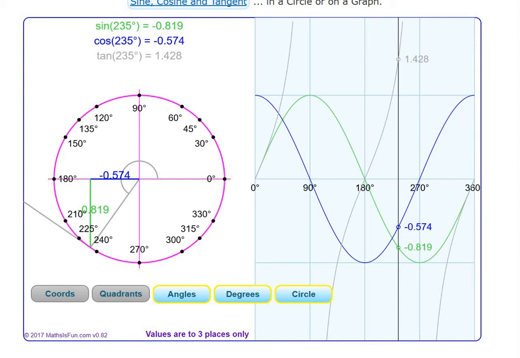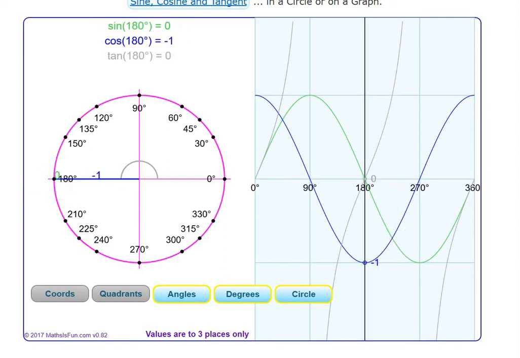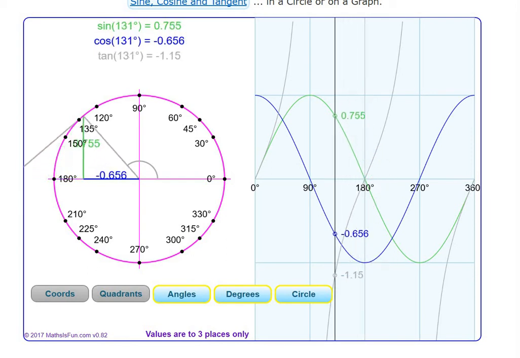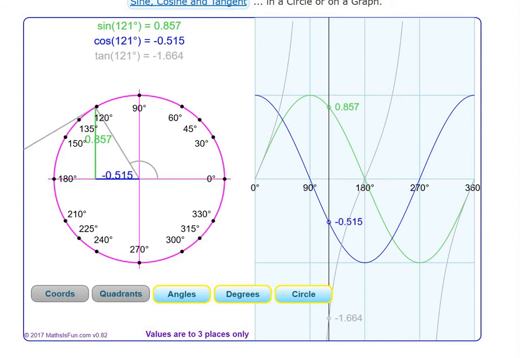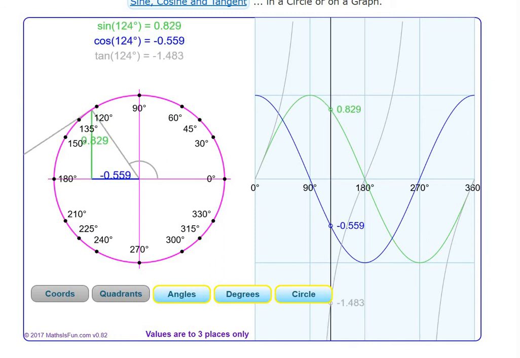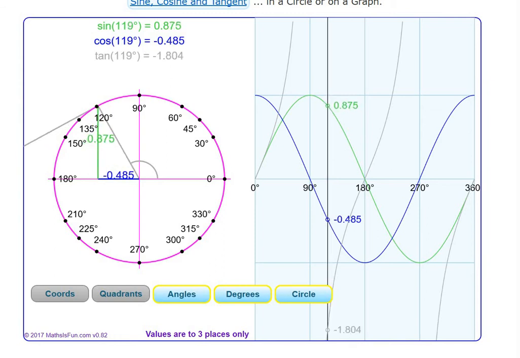Right, if you look to the left of your screen, you'll see the unit circle, and at the top you'll see sine, cos and tan in green, blue and grey. Let's say I put this angle up to 120. Okay, so the angle's at 120.